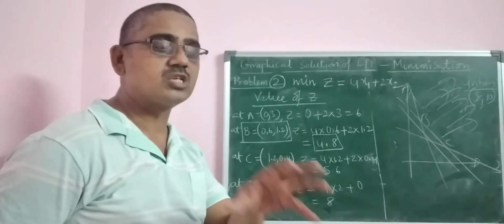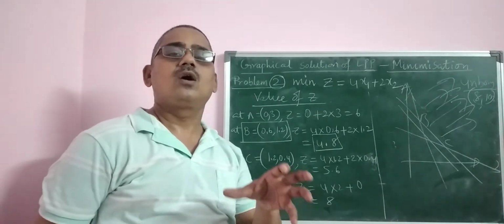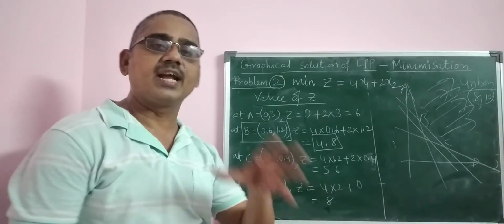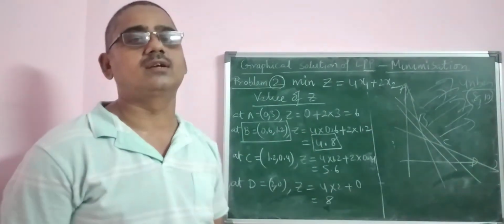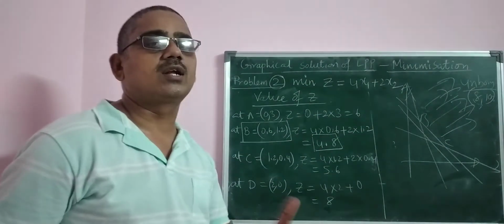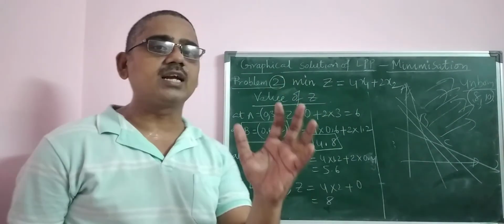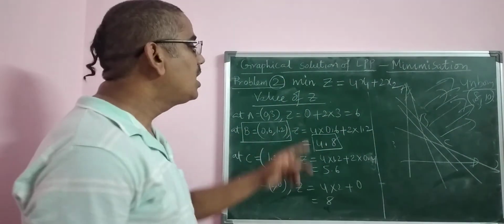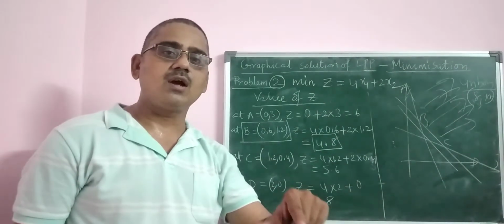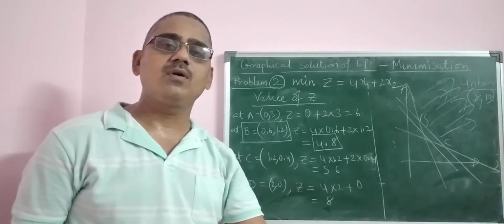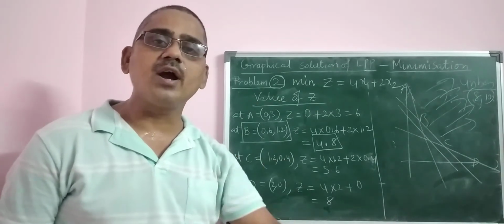Hope you understand. This is a very technical point. You have to think about it. It is not so easy to understand. Even though you have an unbounded common region, the minimum value exists.